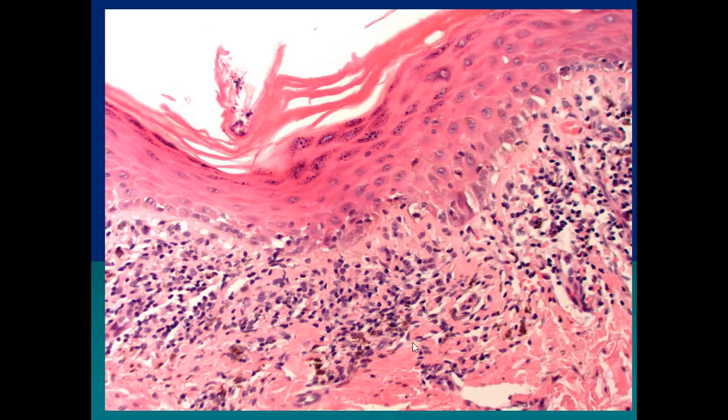You can see a lot of pigment present in the papillary dermis. You can see lots of pink cells, which are the colloid bodies, and an infiltrate comprising lymphocytes and histiocytes, which are present at the dermoepidermal junction in a band-like way. So this is lichen planus.